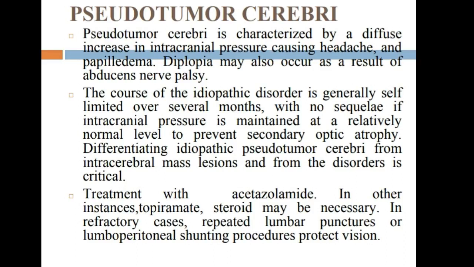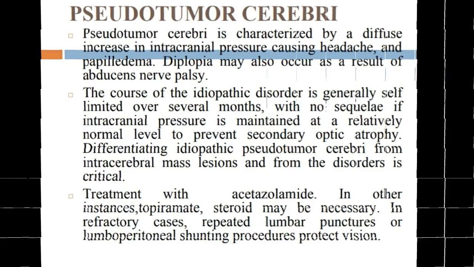Treatment is with acetazolamide, but in other instances topiramate or steroids may be necessary. In refractory cases, repeated lumbar puncture or lumboperitoneal shunting procedures are used to protect vision.